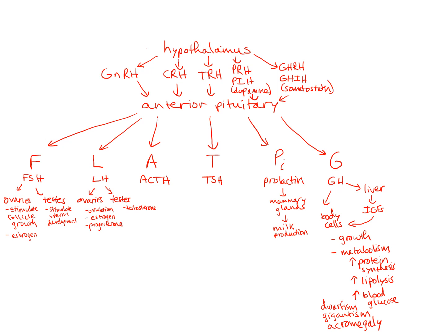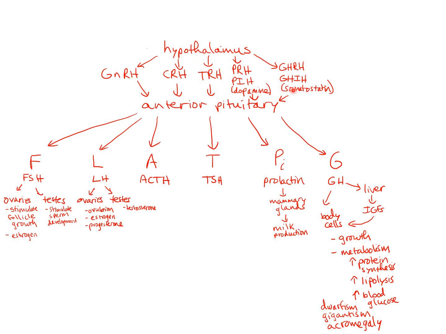Okay, and then here we've just filled out our little chart a little bit more. Remember flat pig, these are all the hormones secreted by the anterior pituitary. And here's our growth hormone over here. And remember, this all starts up here at the hypothalamus. Remember, the hypothalamus is in charge.